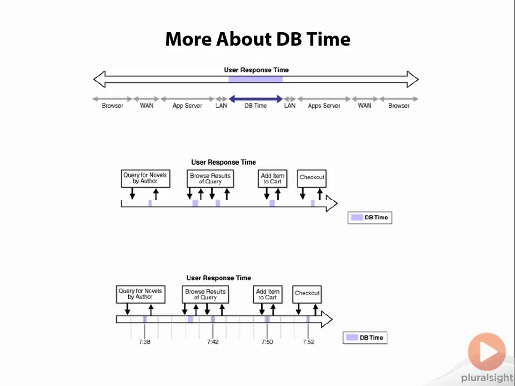And so we can drill in when the query for the novels by author is actually happening, at 7:38, as you see. We can come in and see exactly what the Oracle database is doing at that time. When the user does their checkout, at 7:52, we can drill in and see exactly what the environment of the Oracle database is at that time. Very powerful, isn't it?